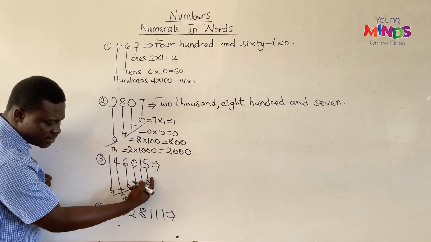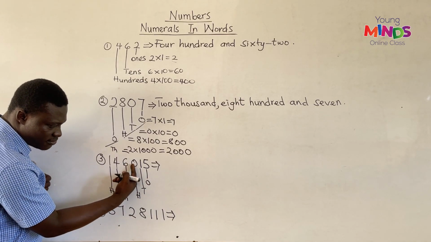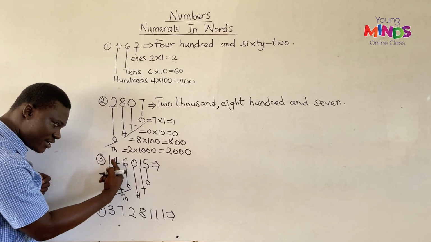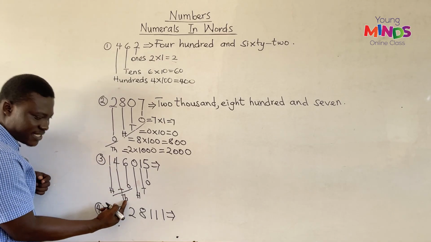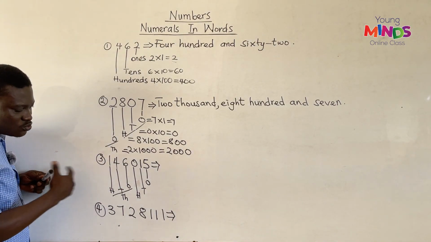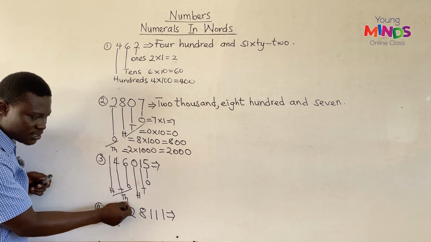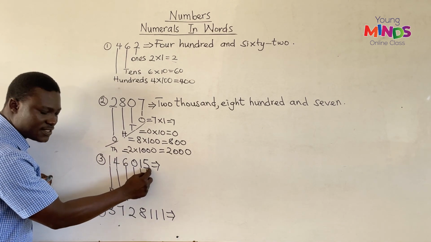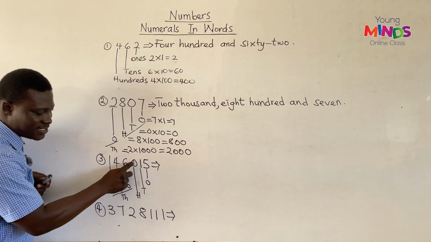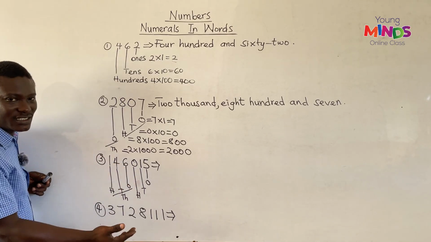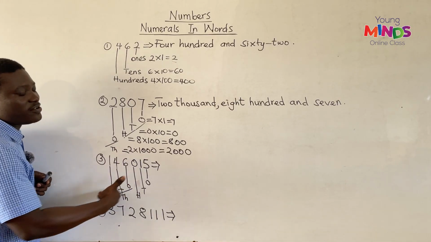Now, you see that we mentioned all of this one together as 146, but in thousands. So this is what we are going to do. 146,015. Remember that 0 is not nothing. Just that this 0 cannot be mentioned, or we shouldn't mention 0 in writing the words.